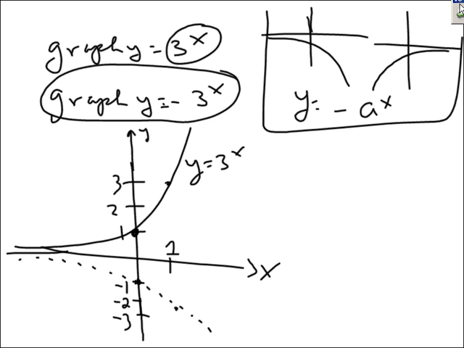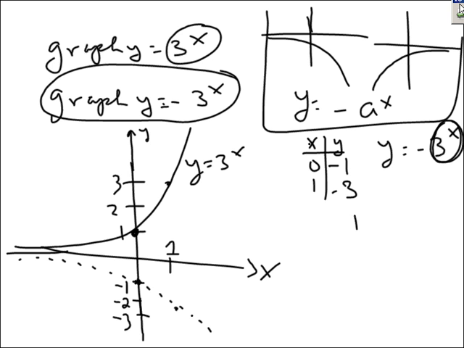And then you play the same game. If you want to graph y equals not 3 to the x, but negative 3 to the x, let the exponent be 0 and 1. 3 to the 0 is 1. What's a minus sign in front of it? x is 1. 3 to the 1 is 3. With a minus sign in front.